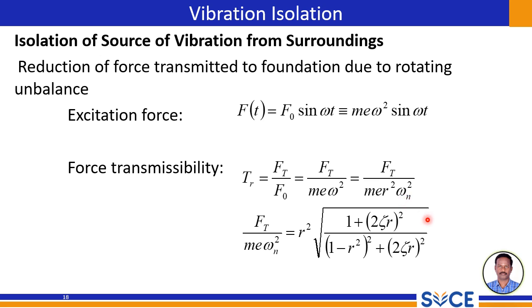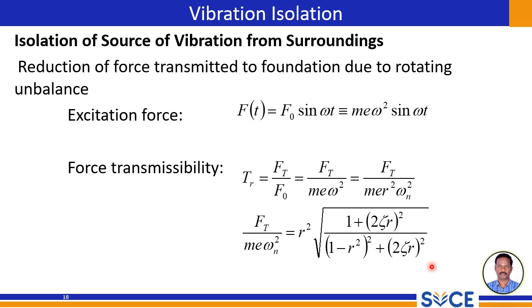Finally, on this slide we get the expression F of t divided by m e omega squared, which is further equal, in terms of r squared, to the square root of 1 plus the bracket 2 zeta r squared, divided by the square root of 1 minus r squared, summed with 2 zeta r, the whole squared.